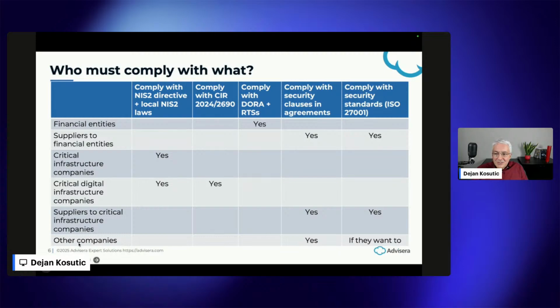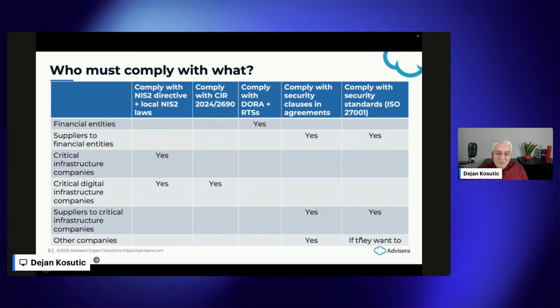And then you have the last row here, other companies. Of course, they have to comply with security clauses in agreements, even if they're not supplying critical infrastructure companies, if they're not supplying financial entities. They probably do have some customers beyond these industries. And if there are some security clauses, then basically they have to comply with them.